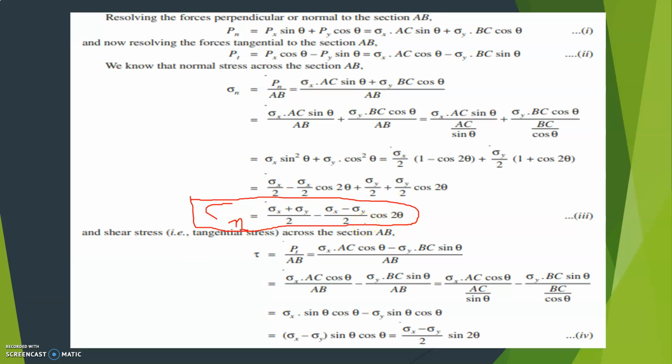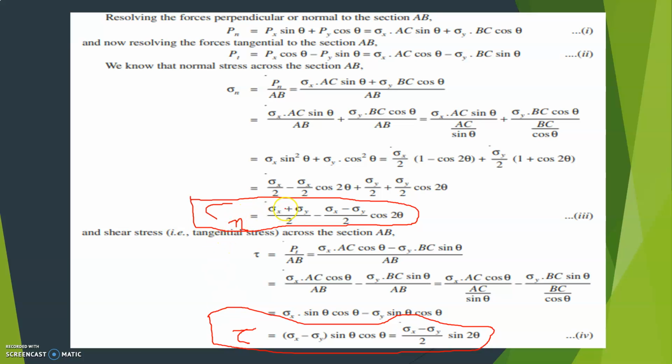Next, you have to find tangential stress or shear stress. Again, derive and simplify. The final formula is this: tau, or shear stress or tangential stress, is equal to sigma x minus sigma y divided by 2 into sine 2 theta. These two formulas you remember to solve the problem.